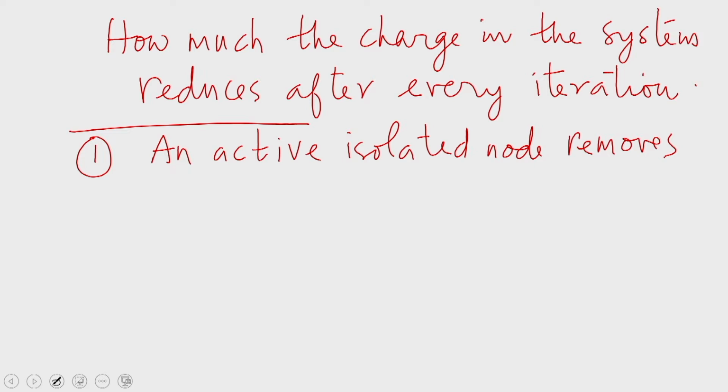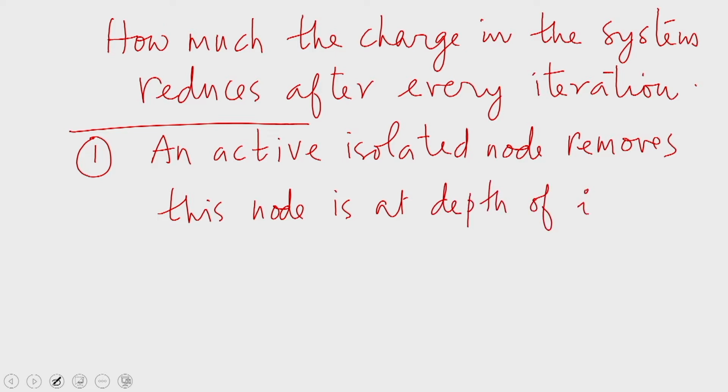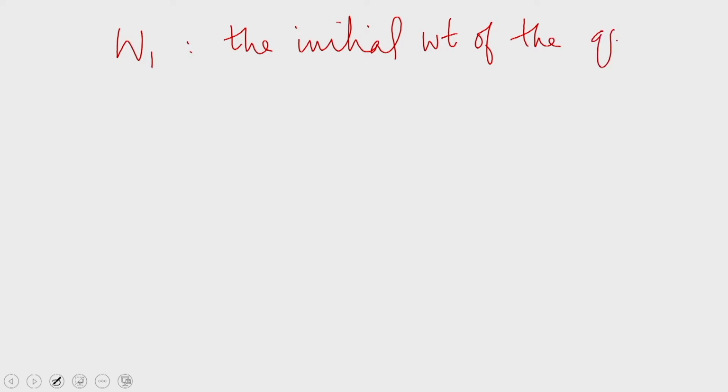So, let us consider an active isolated node. Let us say this node is at a depth of I. In that case, W1, the initial weight of the queue to which this node belongs, just before this removal happens to be the sum of j varying from I to log n minus 1 of (1 minus q) power j.